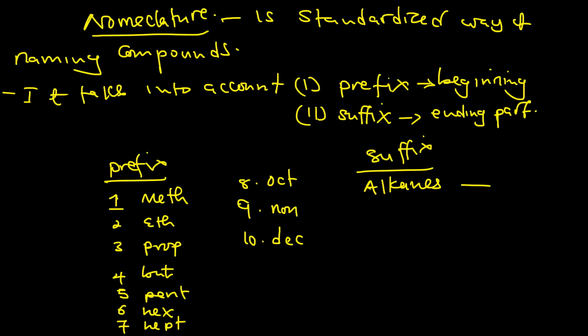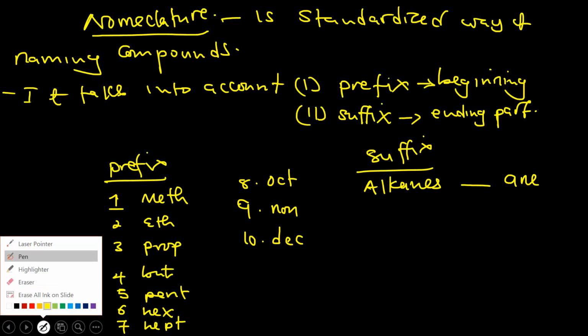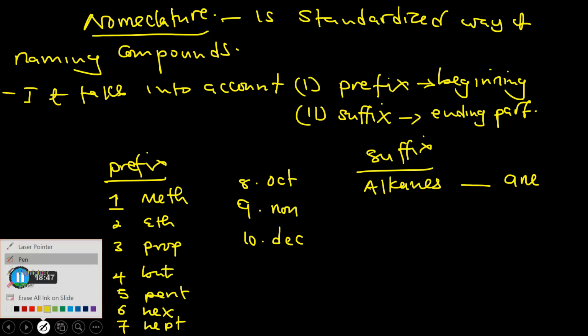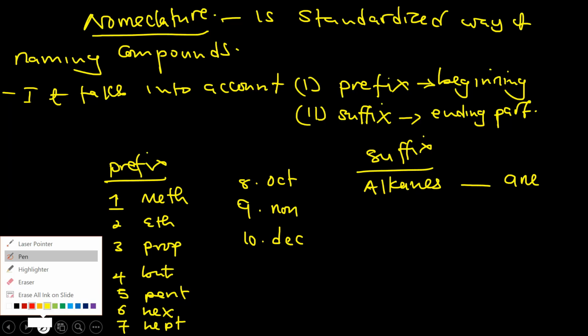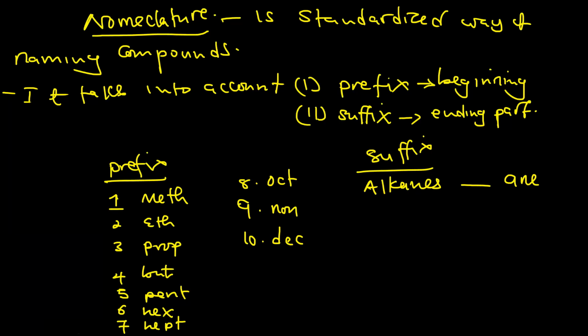If you are dealing with an alkane with 1 carbon or whatever carbon, the end part of the name is ane. This means that the compound under alkanes with 1 carbon is called methane. So we just add ane at the end. I guess you've gotten what I'm saying.